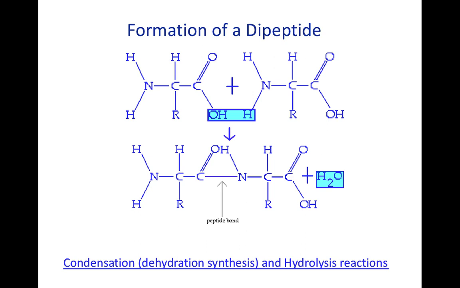Peptide is another word for amino acid, and it is a term that is used when proteins are being put together or taken apart, as in digestion. This type of chemical reaction is called condensation, because water is formed, or dehydration synthesis, meaning that the water is removed and a larger molecule is synthesized or built.